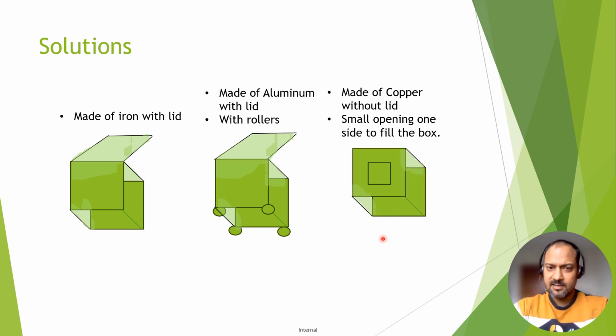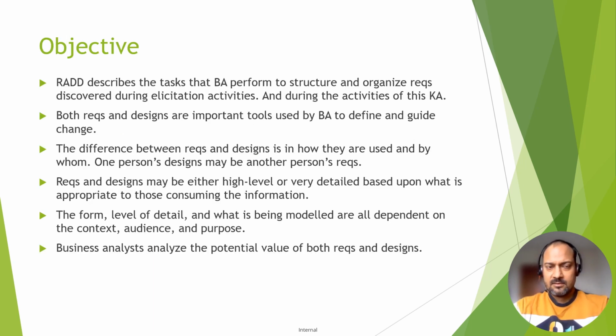So there are different solutions, and for each solution you have to come up with the potential value and benefits, and then finally one solution is agreed upon, which goes into the release.